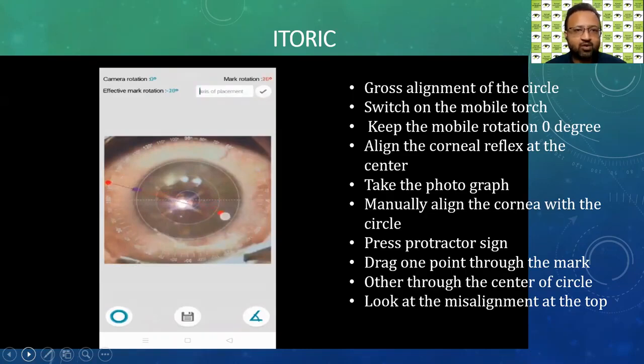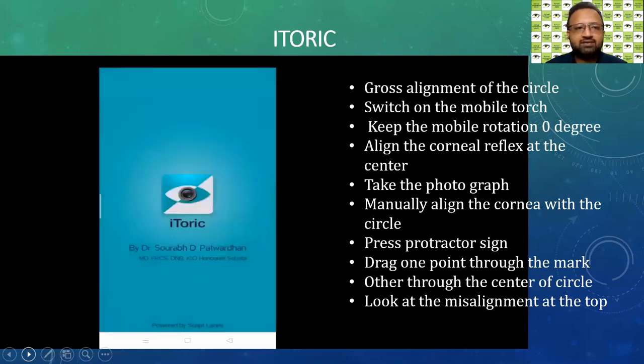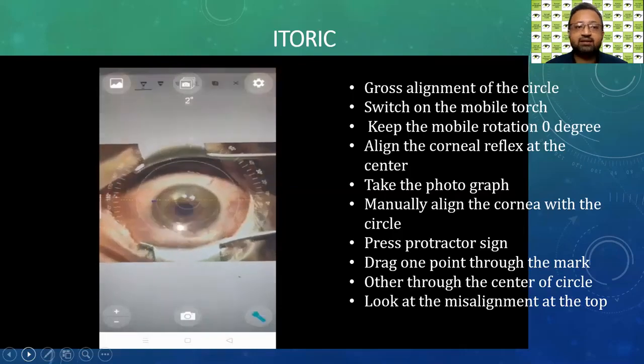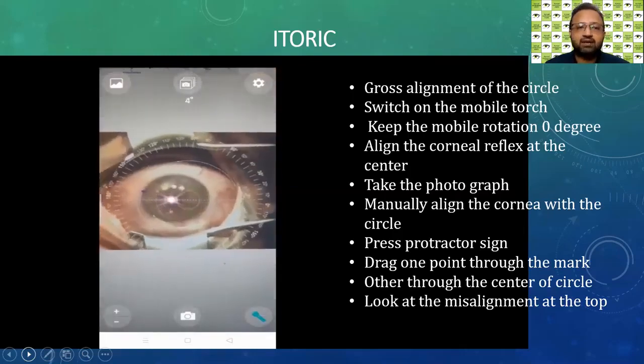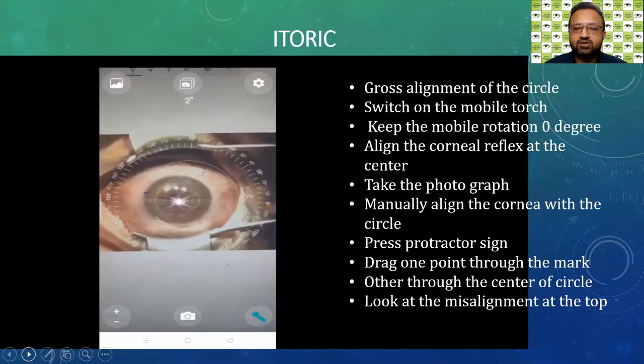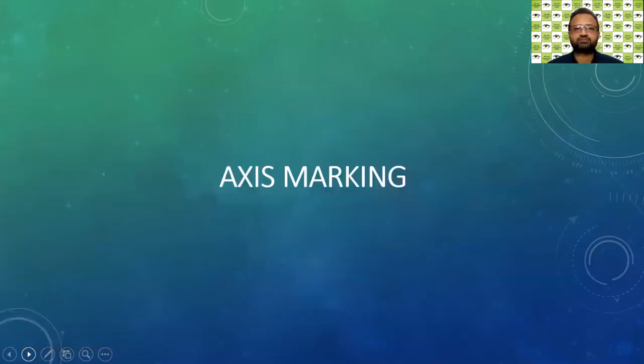Look at this: the mark rotation is indicated as 17 degrees. So my misalignment is 17 degrees, and though this is the left eye, my reference marking is also at 17 degrees.